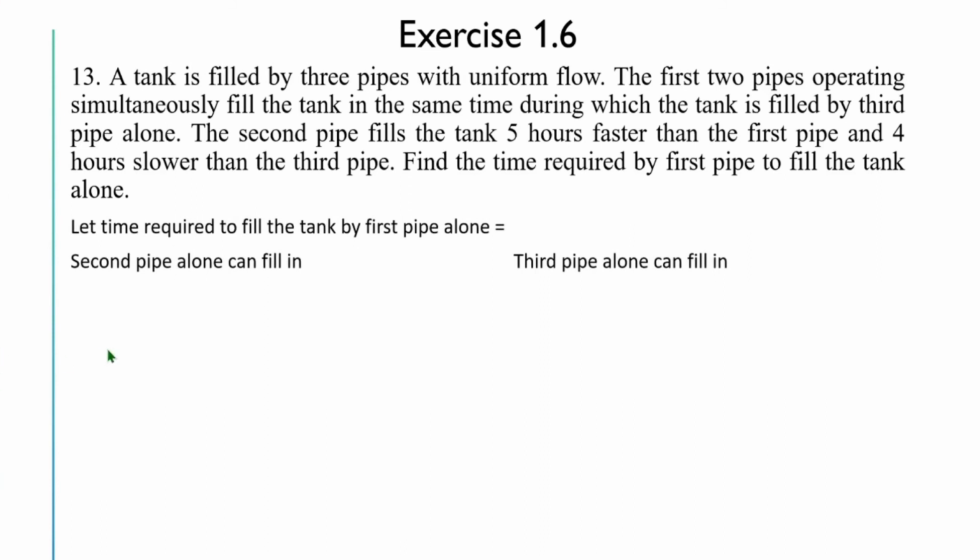So let us consider the time required to fill the tank by first pipe alone is equal to T hours. Then the second pipe alone can fill in... It is given the second pipe fills the tank 5 hours faster than the first pipe. So the second pipe alone can fill in T minus 5 hours.